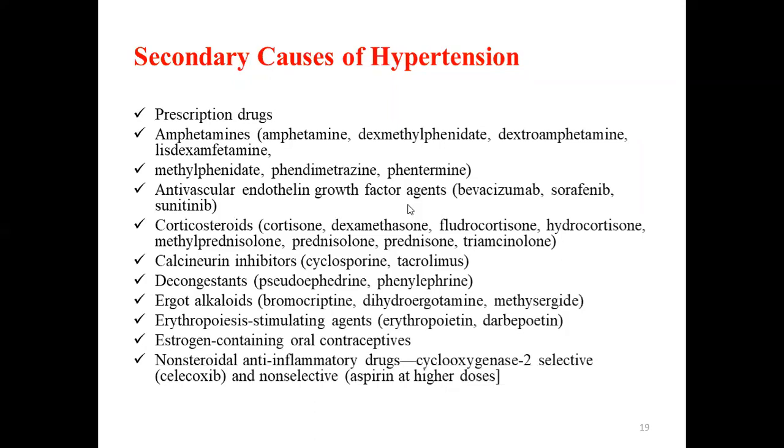Do you know that? If the hemoglobin level is above 10, you have to stop erythropoietin, even in CKD patients. Otherwise, what will happen when the hemoglobin level keeps on increasing?